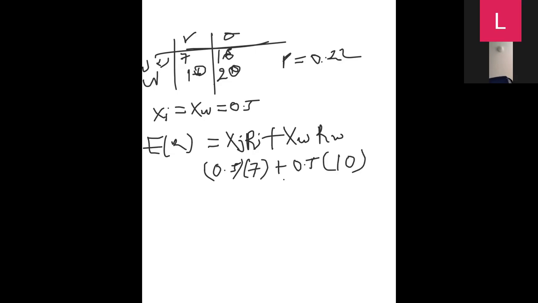If somebody has calculated, you can equally check so that we can all be on the same page. So 17 divided by 2, which is 8.5. So expected return is equal to 8.5%. I hope this one is okay.